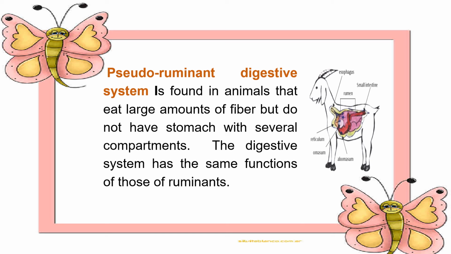So, pseudo-ruminant digestive system is found in animals that eat large amount of fiber but do not have a stomach with several compartments. Okay?